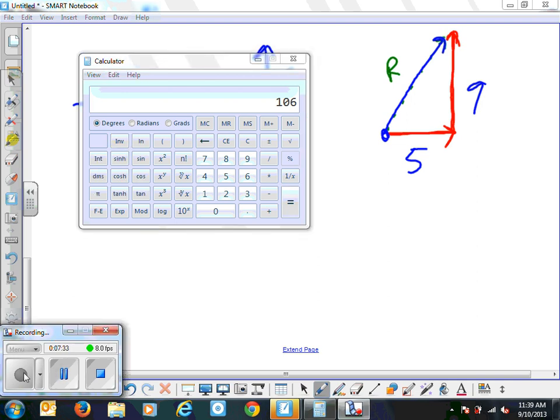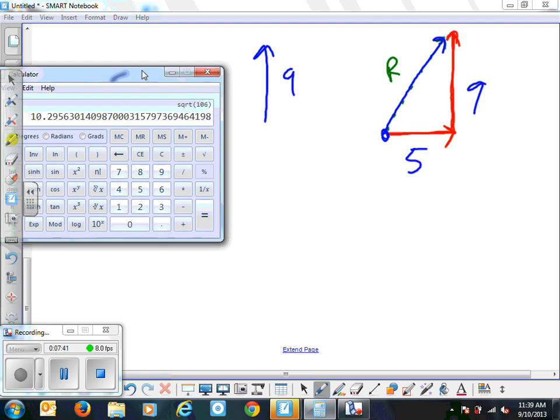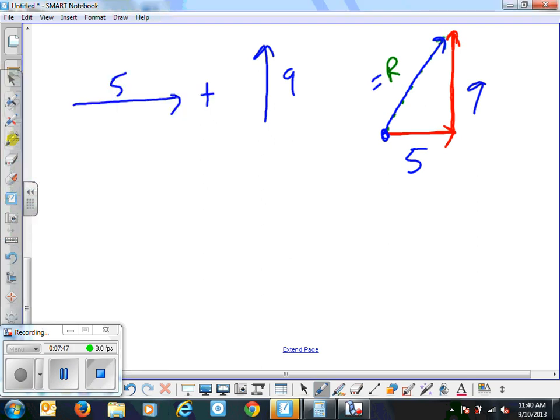Take the square root of that here, and we get, for a resultant then, 10.296. Now, is that our answer?